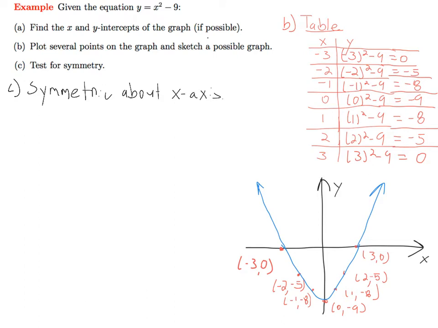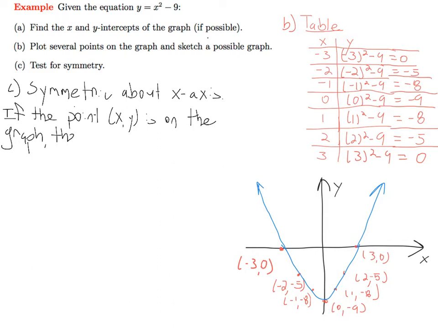An equation's graph is going to be symmetric about the x-axis if for each point (x, y) on the graph, then its reflection across the x-axis must be on the graph. So when we reflect something across the x-axis, that means its x-coordinate stays the same and we get the opposite sign in the y-coordinate.